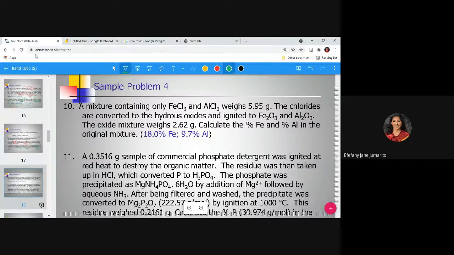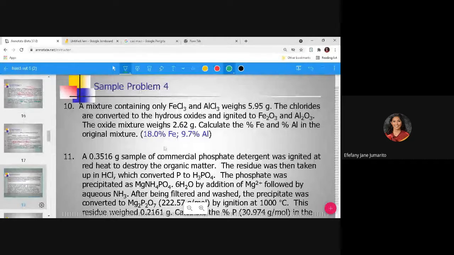Ay, number 11 sa tabi. Ay, number 10. Sige, number 10. Please read.